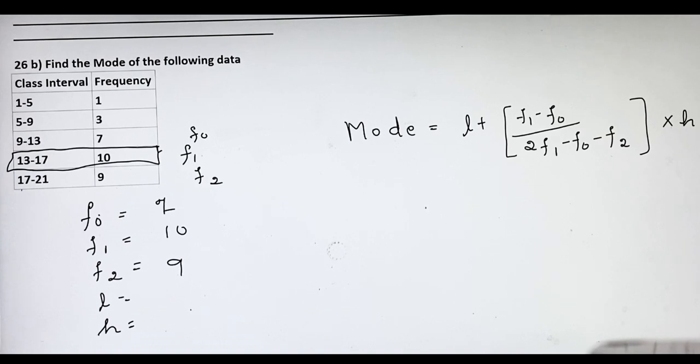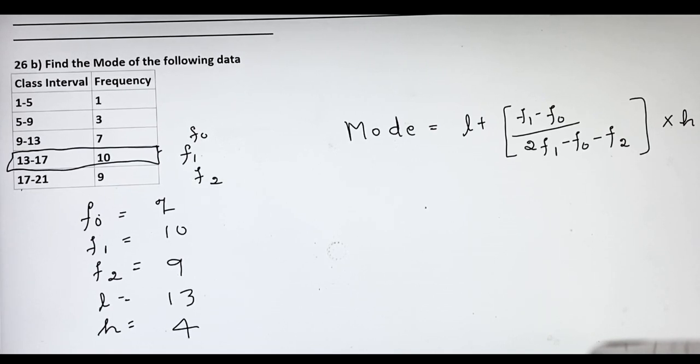We have the class interval range 13 to 17. The first digit of this range we call L, so L is 13. What is H? We subtract the range to get the length of that range. 17 minus 13 is 4, so the H value is 4 here.